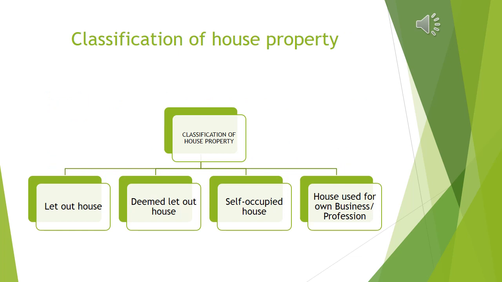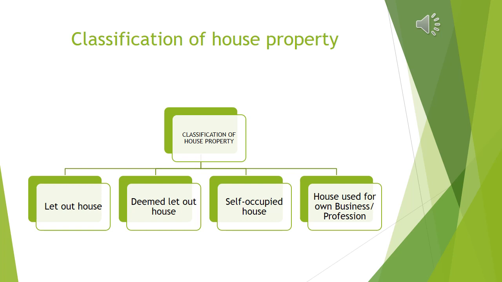Now let's take a look at the classification of house property. It is classified under 4 heads. First, let out house property, which is given on rent. Deemed let out house property, where it is assumed that the property is let out but not actually let out.